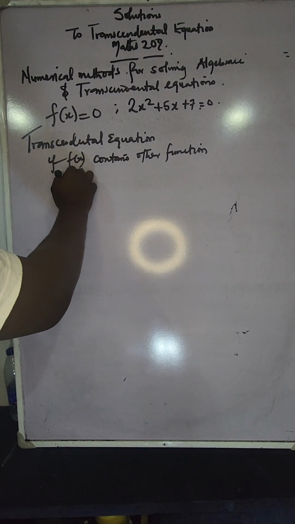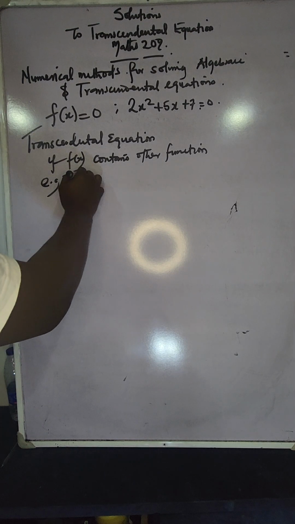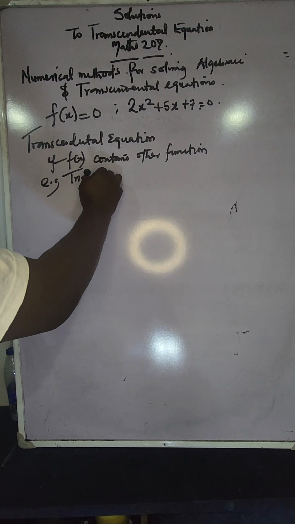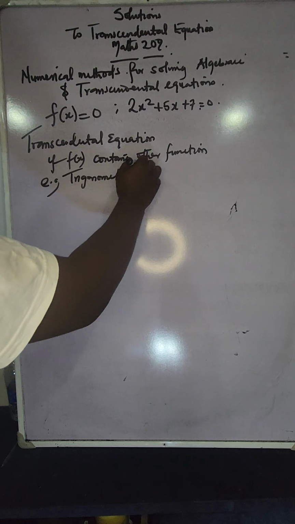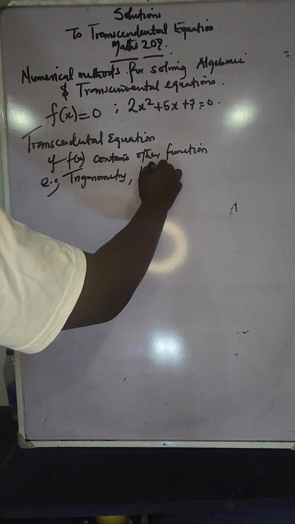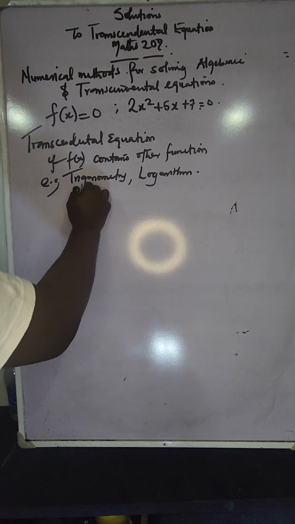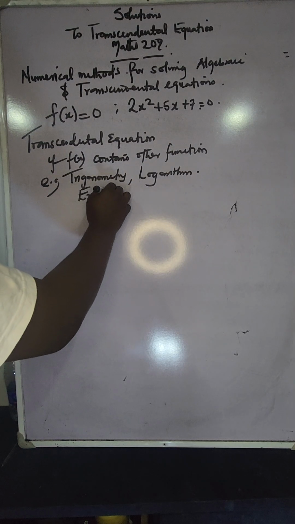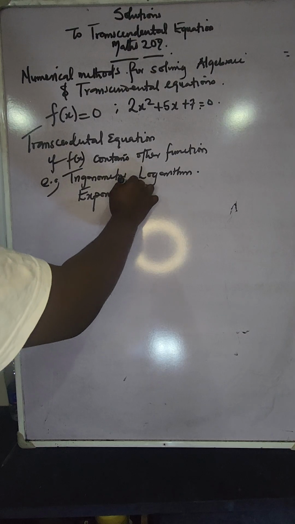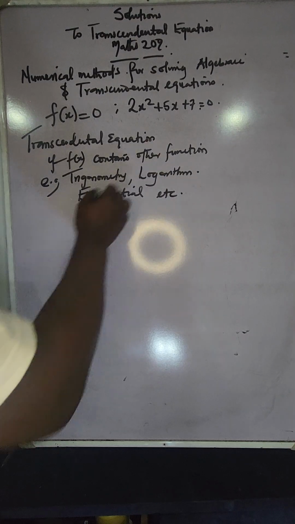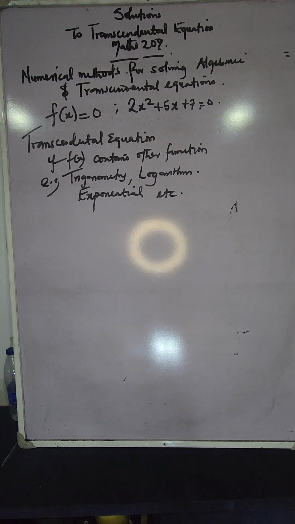For example, if it contains a trigonometric function, a logarithm, an exponential function, and so on, all these will be classified as transcendental functions.